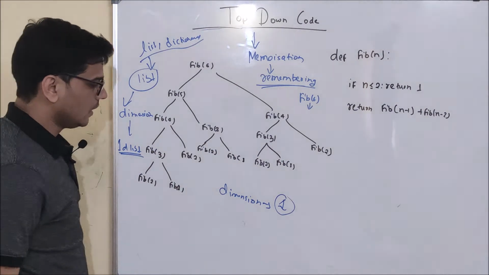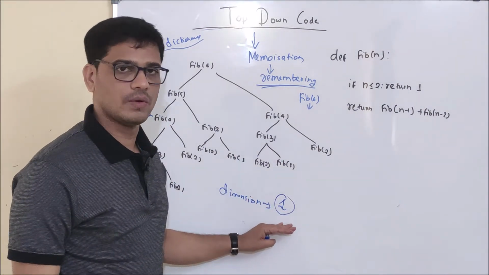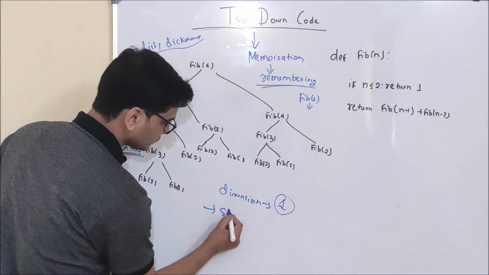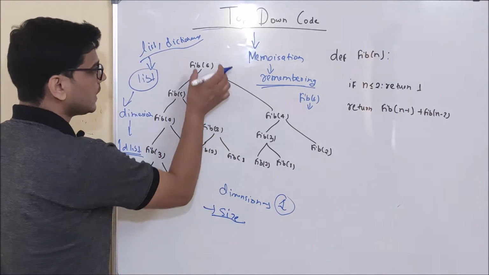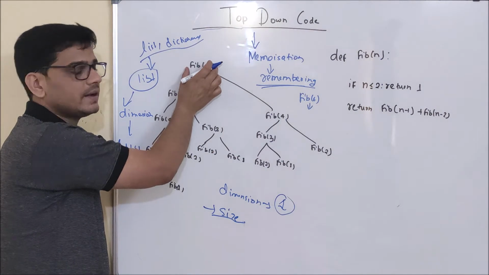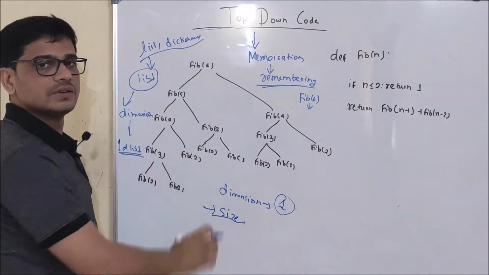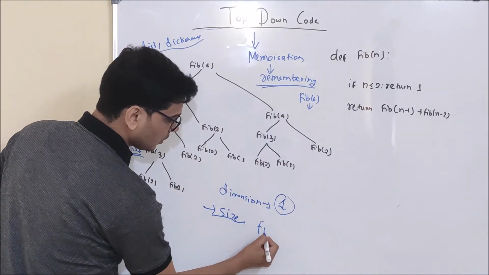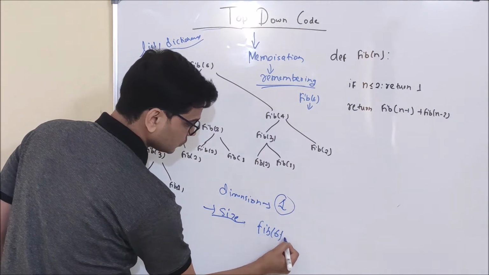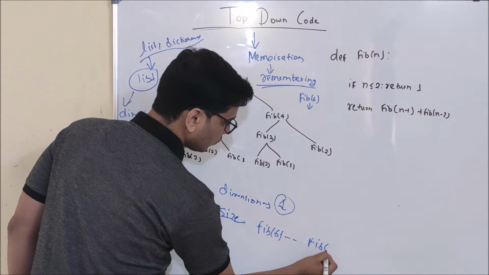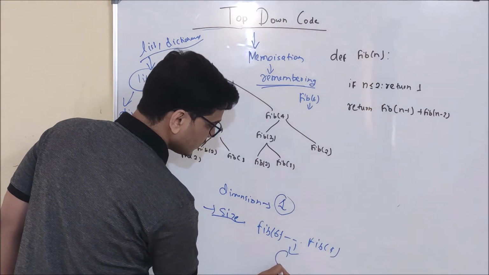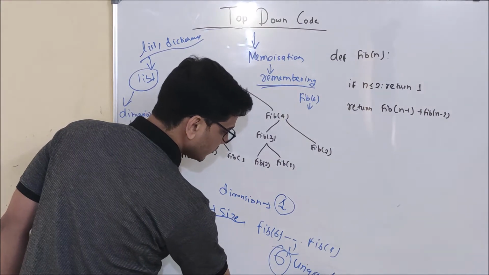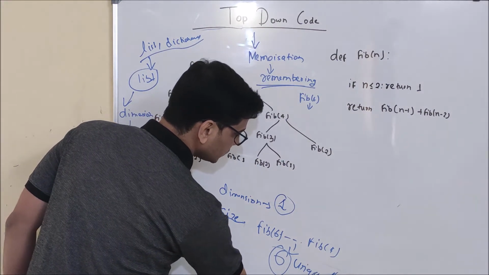Now we have the dimension. We need the size. Here I am making a call to fib of 6, and the unique function calls we make are fib of 6 to fib of 1, that is, 6 unique function calls.